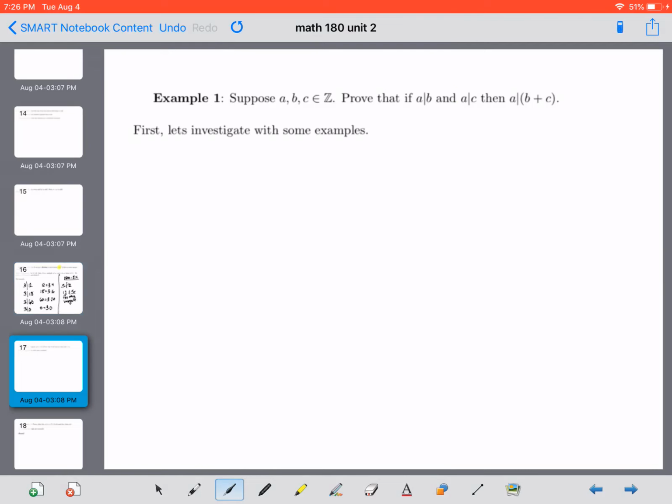Okay, now let's look at an example. Suppose a, b, and c are integers. We want to prove that if a divides b and a divides c, then a also divides b plus c. So to get a sense of whether this is correct, I'm going to just try some examples here. I'm going to choose some various possible values for a, b, and c so that they satisfy the hypothesis, and then check to see if those values also satisfy the conclusion.